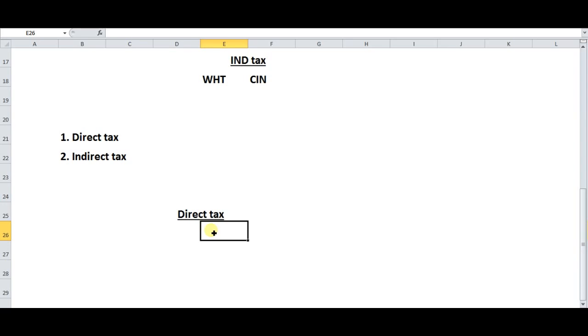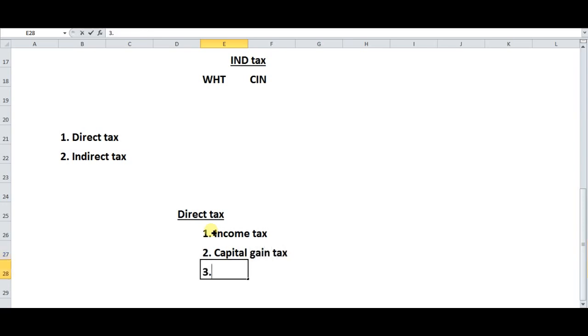Under direct taxes, we have five taxes. First one, income tax. Second one, capital gain tax.